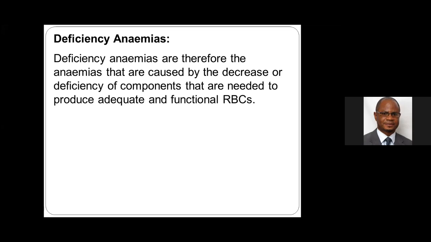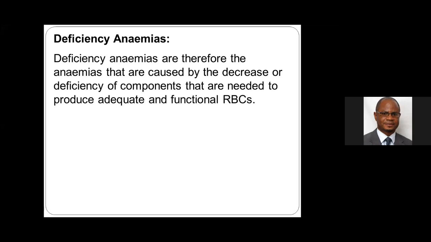So what, therefore, is deficiency anemia? It is anemia caused by the decrease or deficiency of components that are needed to produce adequate and functional red blood cells. Functional meaning normal red blood cells.